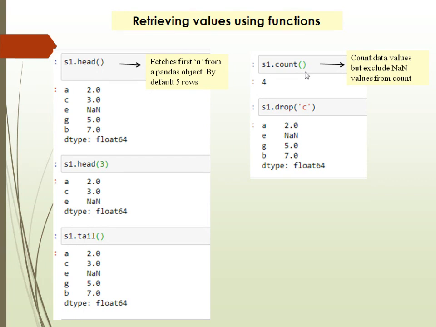When I do s1.drop, it is going to delete the particular value with a specific index. So if the index is C, I write C here. The value at that specific index is going to be deleted from the series. Clear?